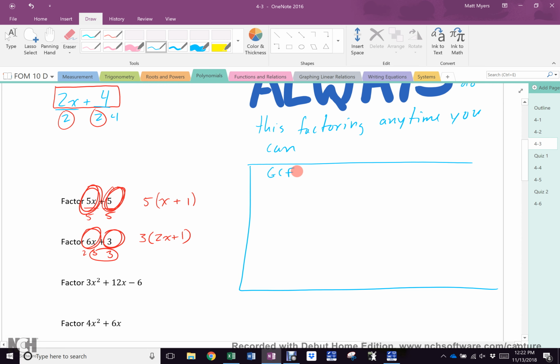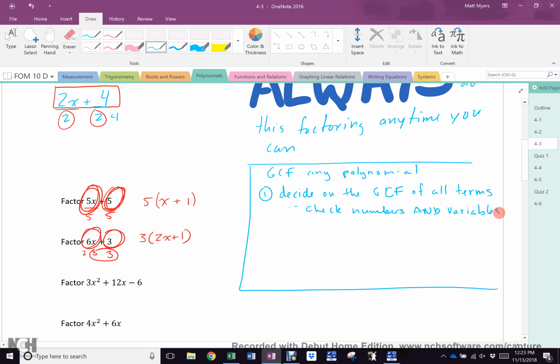To GCF any polynomial. 1. Decide on the GCF of all terms, which means you have to check numbers and variables.